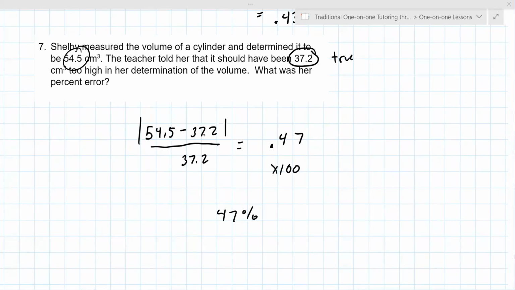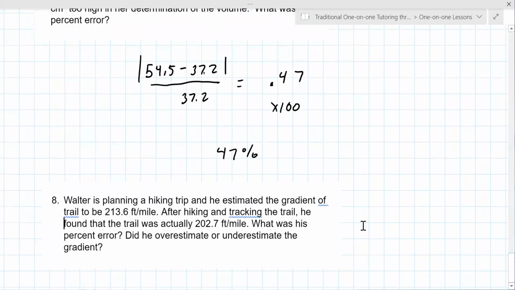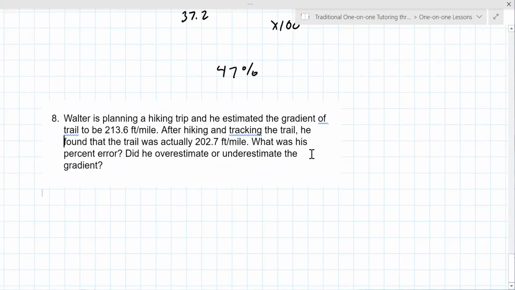Pretty big mistake. Number 8. We get that snipped in. All right, Walter's planning a hiking trip and you estimate the gradient of the trail to be 213.6. That's the observed experimental value. After hiking and tracking the trail, he found that the trail was actually 202.7.